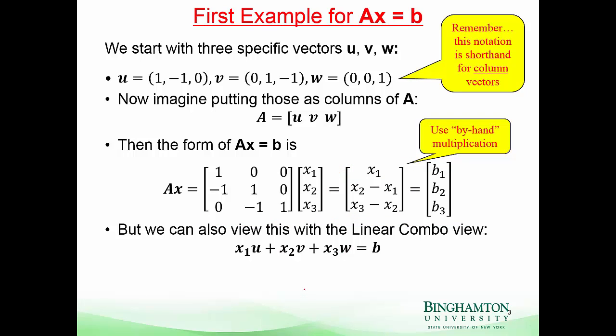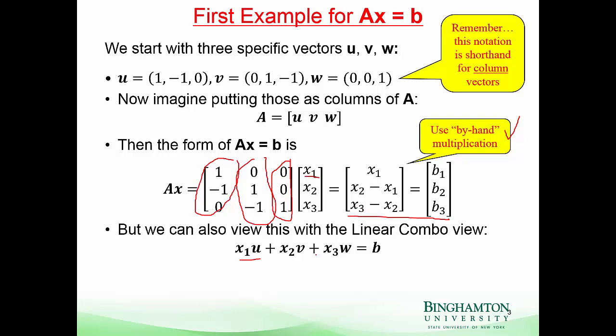But we can also see that we can view this with the linear combination view. So we have our by hand view that got us to this view, and we also have the x1 times u, so there's u that gets multiplied by x1, and then x2 times v, and x3 times w.